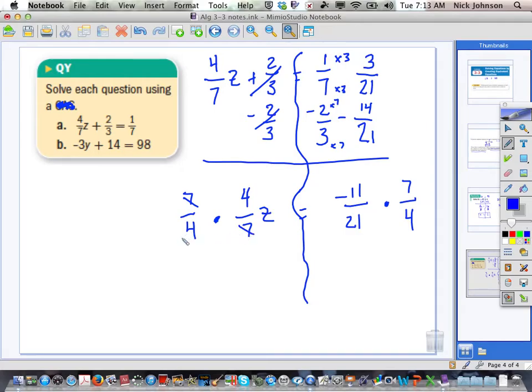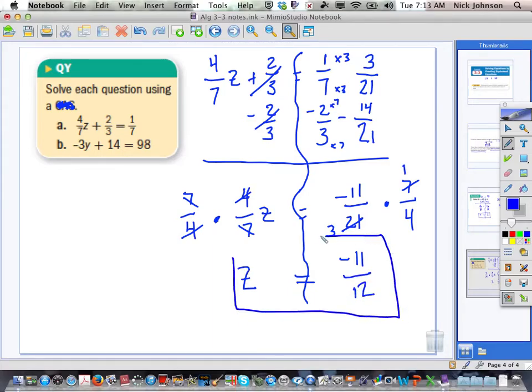My 7's divide out, my 4's divide out, leaves me with z, which is what I want, equals 7 goes into 21 3 times. 7 goes into 7 once. A negative 11 times 1 is a negative 11. 3 times 4 is 12. So z equals a negative 11/12. You can put that back into your equation to see if it works. Won't you pause for a second and try that out?